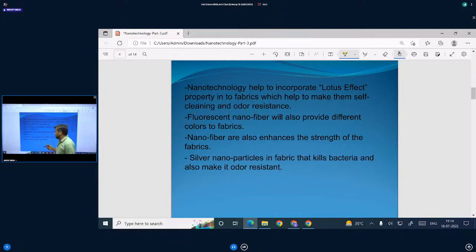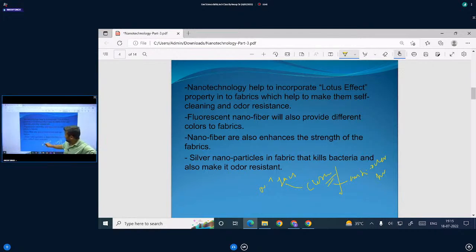Suppose you are wearing clothes made of nanotechnology fabric, then whatever surrounding dust impacts on the clothes automatically trickles down. So your clothes will remain clean. Also, it has an anti-odor property.